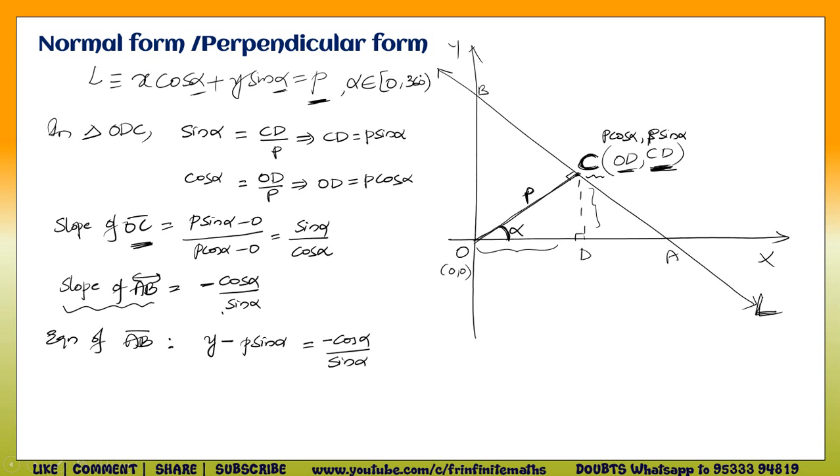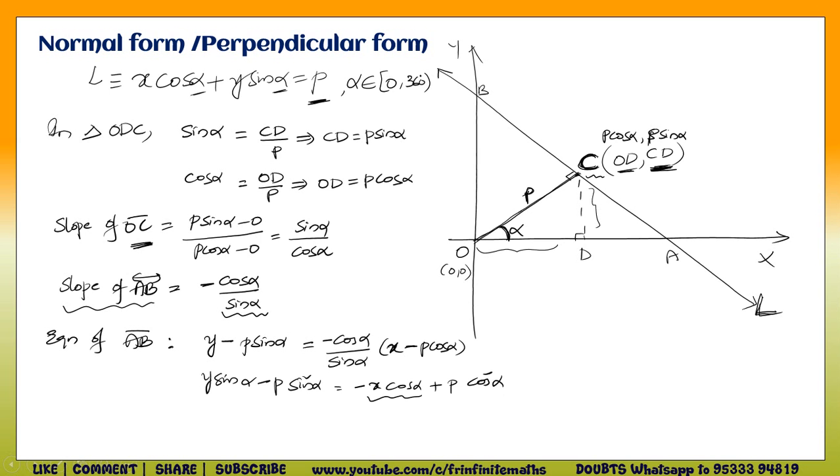So be careful, this is my slope of AB, minus cos alpha by sin alpha, into x minus x1. So what is x1 here? P cos alpha. Now when I do cross multiplication, this becomes y sin alpha minus p sin square alpha is equal to minus x cos alpha plus p cos square alpha.